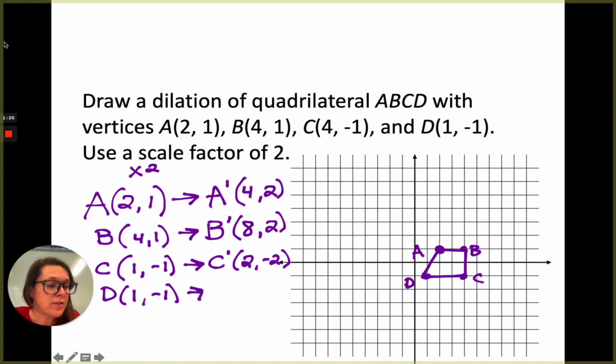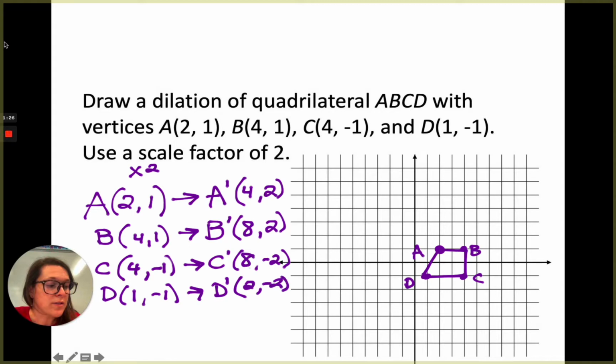So if I doubled everything there, the image of D would be at 2, hold on, I messed up. So this is what I get for not being zoomed out. C was not at 1, negative 1. C was at 4, negative 1. So that would be at 8, negative 2. Okay, there we go, fixed. And then D would be at 2, negative 2.